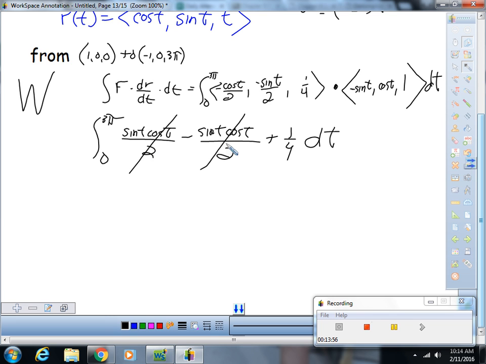Canceled by all the work that was done in the y direction. So the only net work that we have here is in the z direction. So 0 to 3 pi of 1/4 dt. So it's t over 4 from 0 to 3 pi, and the work done is 3 pi over 4.